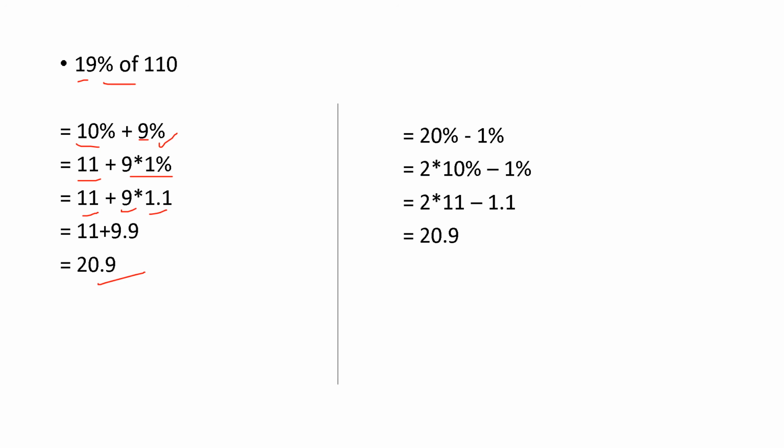Or you can go with 20 minus 1 is 19. So find 20 percentage. 20 is 2 into 10 and 1 you can find. So 10 percentage of 110 is 11. 2 into 11 minus 1 percentage of 110, that is 1.1. Subtract both. You will get the answer.